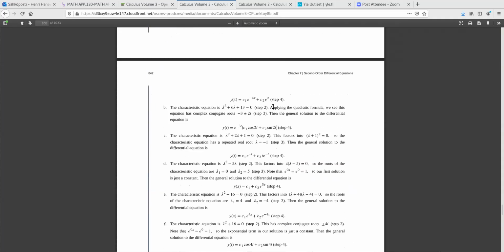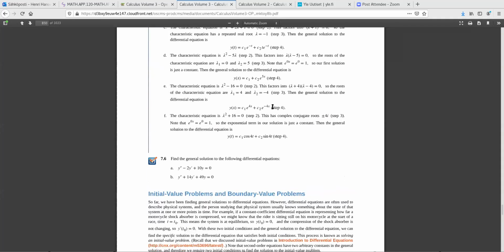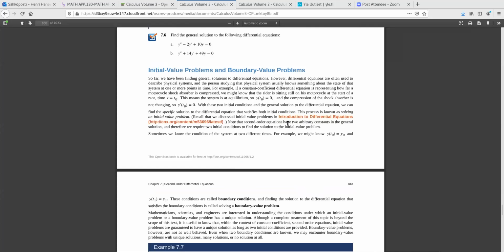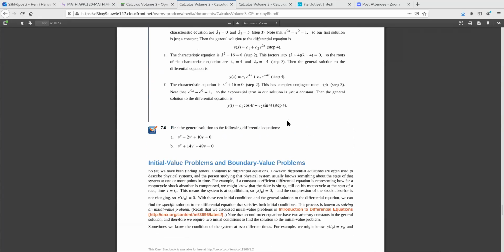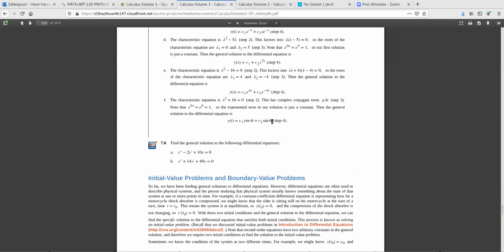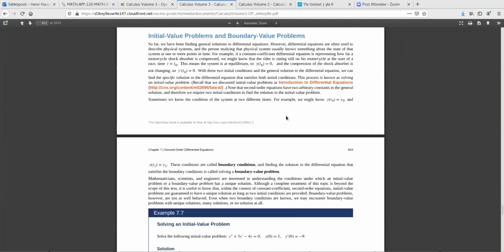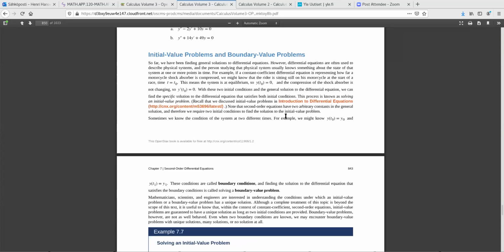So now you see you get these two. In this case, the second order linear differential equation will always have 2 constant coefficients. Because it has 2 constant coefficients, in order to solve the initial value problem, or what is called the boundary value problem, either one, you will be able to solve it if you have 2 constraints.